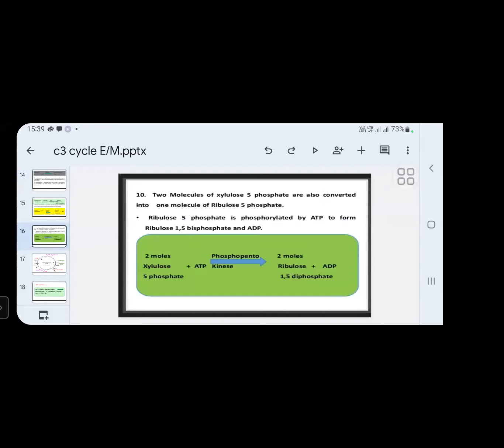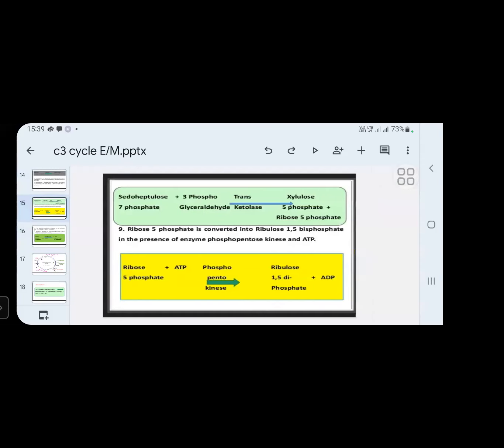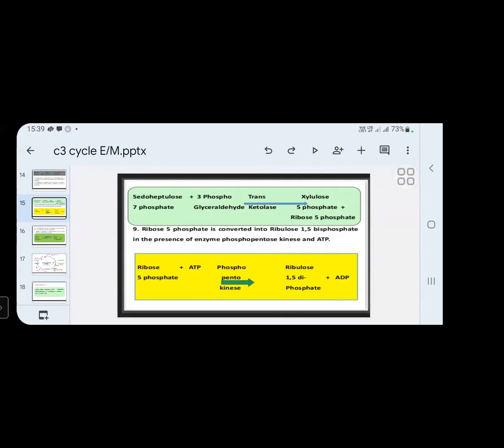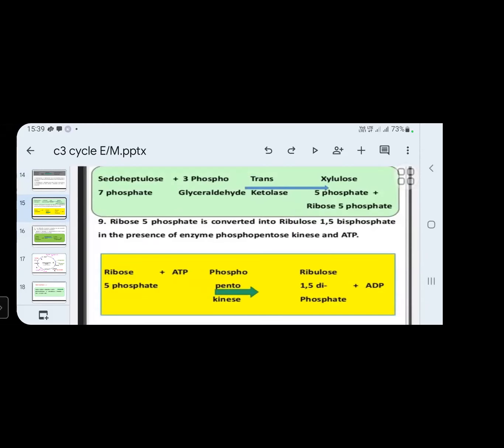You can observe here the pseudoheptulose 7-phosphate in the presence of transketolase converted to xylose 5-phosphate plus ribulose 5-phosphate. Pseudoheptulose is 7 carbon, phosphoglyceraldehyde is 3 carbon. So the 7-carbon compound splits into xylose 5-phosphate, 5 carbon, and ribulose 5-phosphate, a 5-carbon compound.